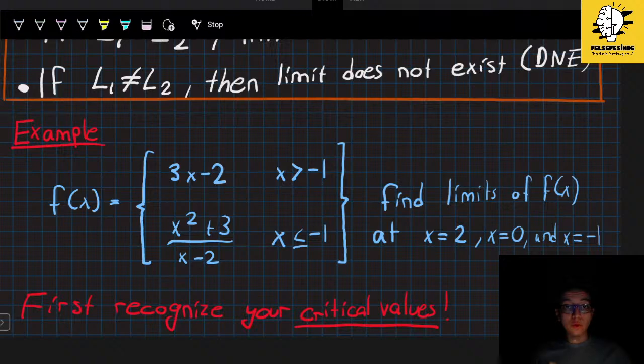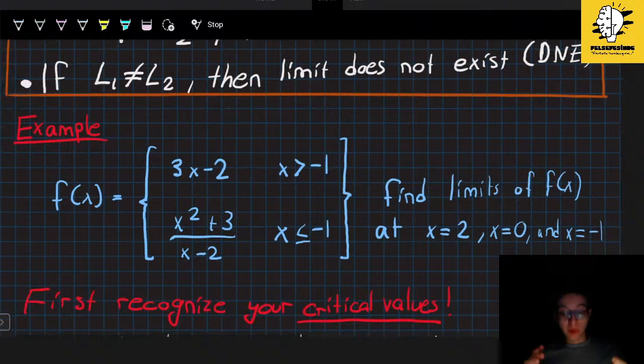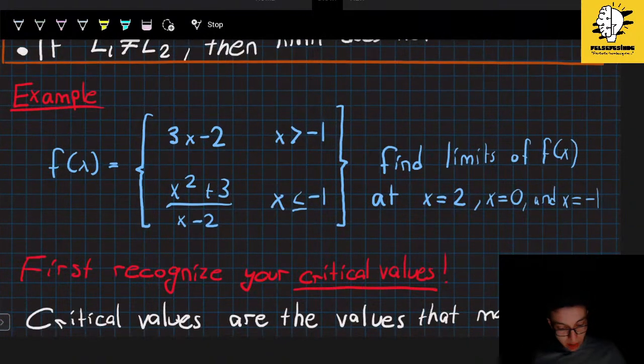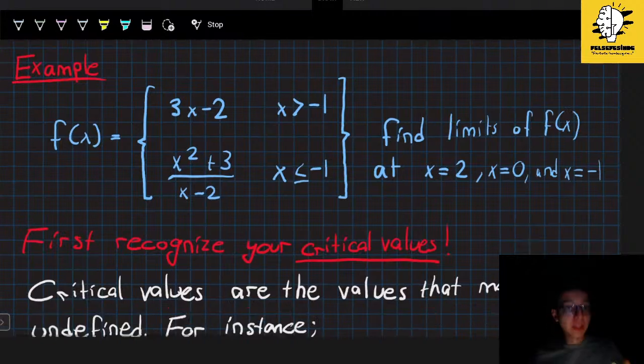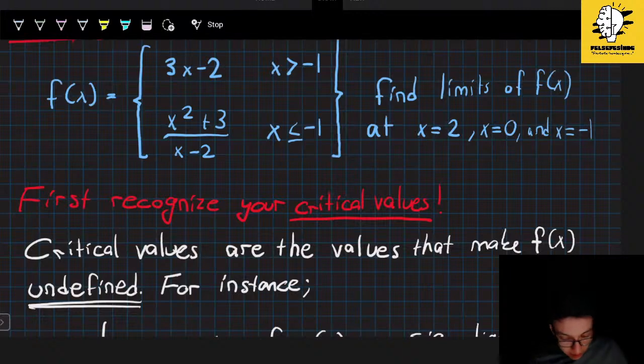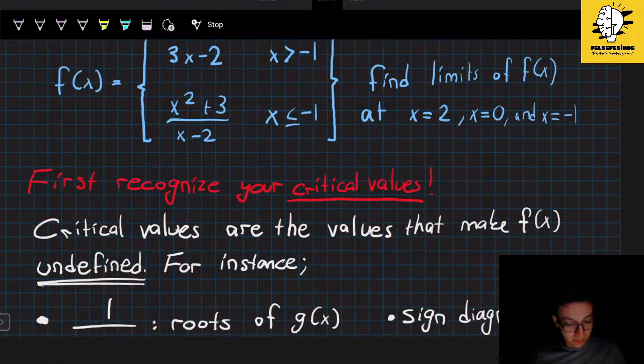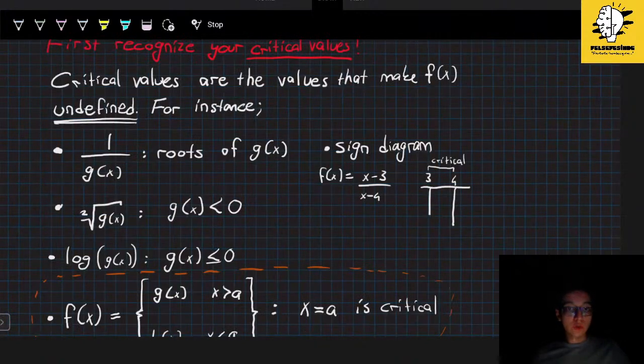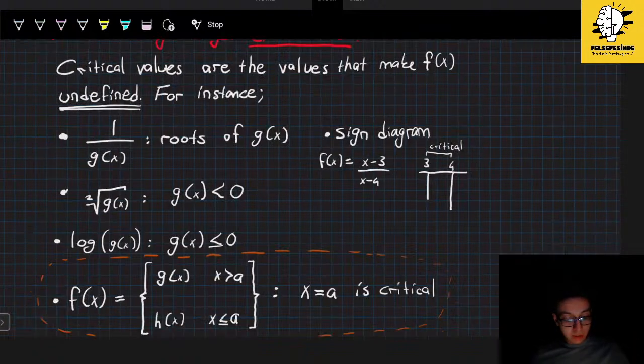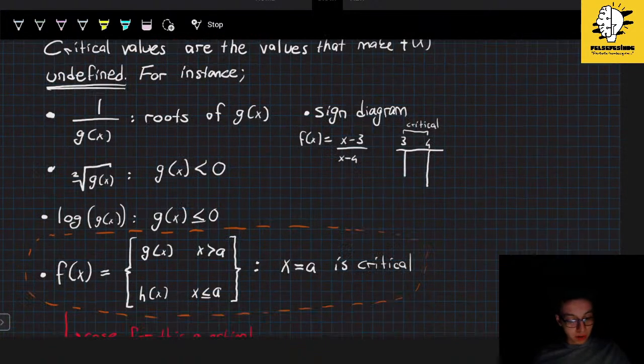We have to know and get familiar with the concept of critical values. Critical values are the values that make our function undefined. So I made a list over here for you. The first one is if it is 1 over g(x), roots of g(x) make our function undefined.